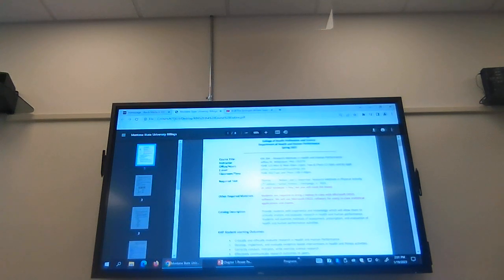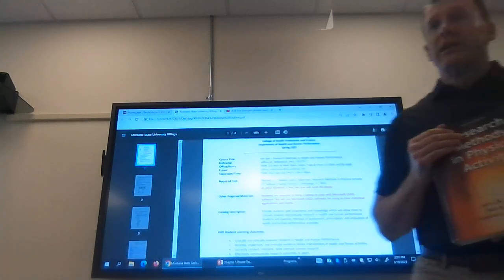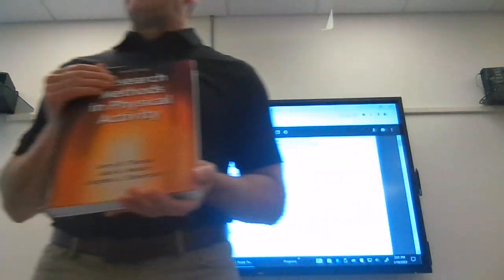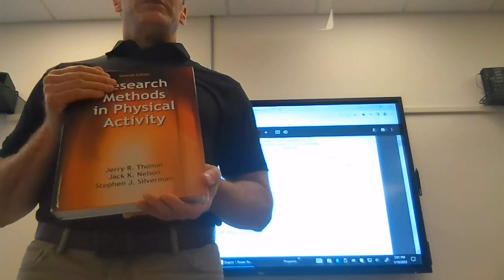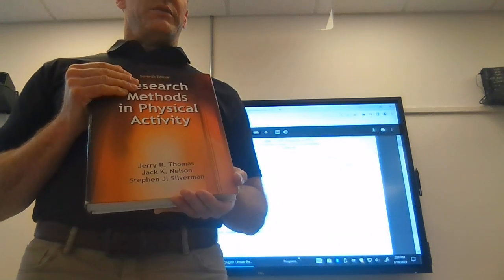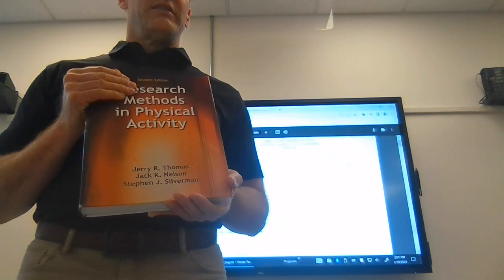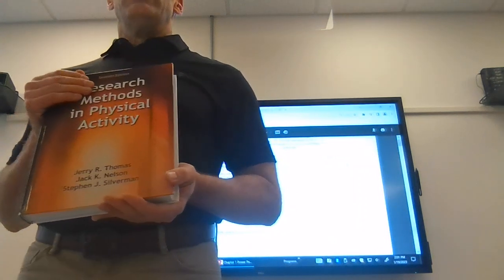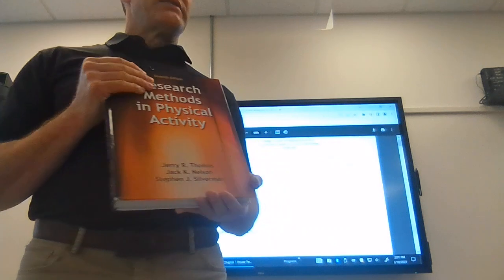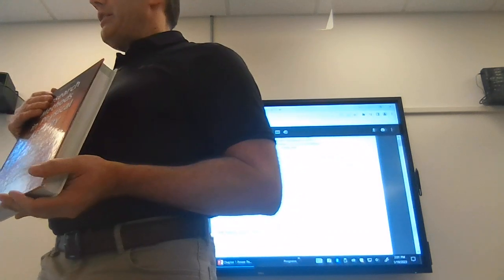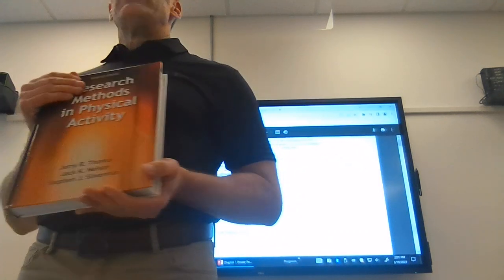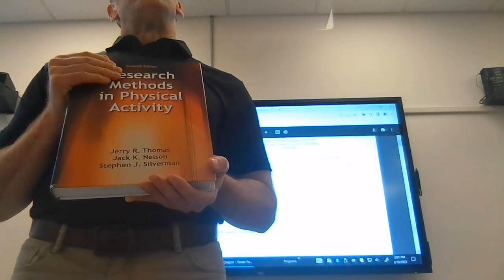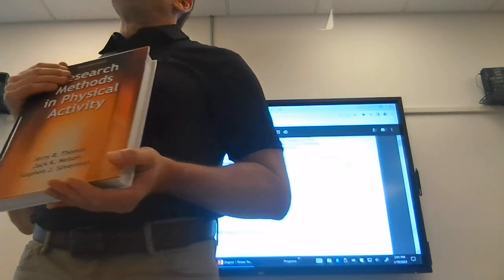I do use the textbook, especially when we're starting to get into statistical analyses. My goal in this class is to teach you how to do your own stats for your project. So we go over lots of things from correlations to different types of t-tests, all the way through one-way ANOVAs. I think we do two-way ANOVA as well as repeated ANOVA.